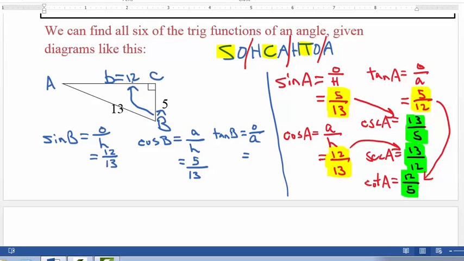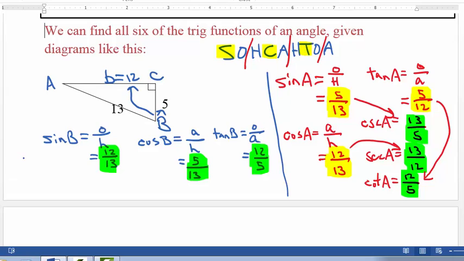And again, the opposite was 12, and the adjacent was 5. So it's going to be 12/5. Okay? So there are my trig functions of angle B. And then, of course, I could also do cosecant, which would be the reciprocal of the sine, secant, the reciprocal of the cosine, and cotangent, the reciprocal of the tangent. Okay? But I don't have space, and I don't think it's really necessary. Just remember that they're just reciprocals.